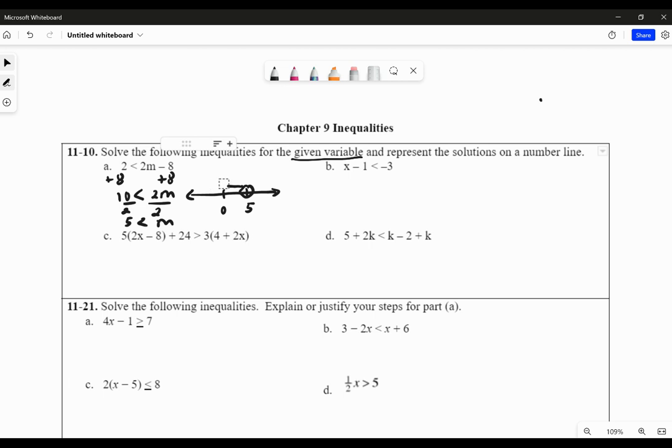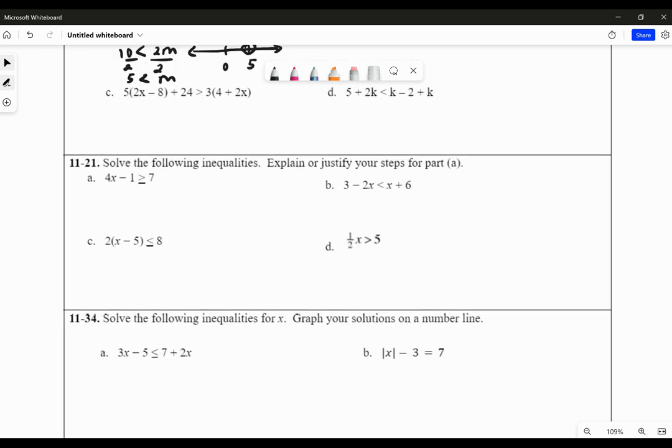Let's take that back. We want all the numbers where m is greater than 5. So it's going to go the other way. So my m numbers are all the numbers that are greater than 5. Okay, so that's what you'll be doing for these particular inequalities here.